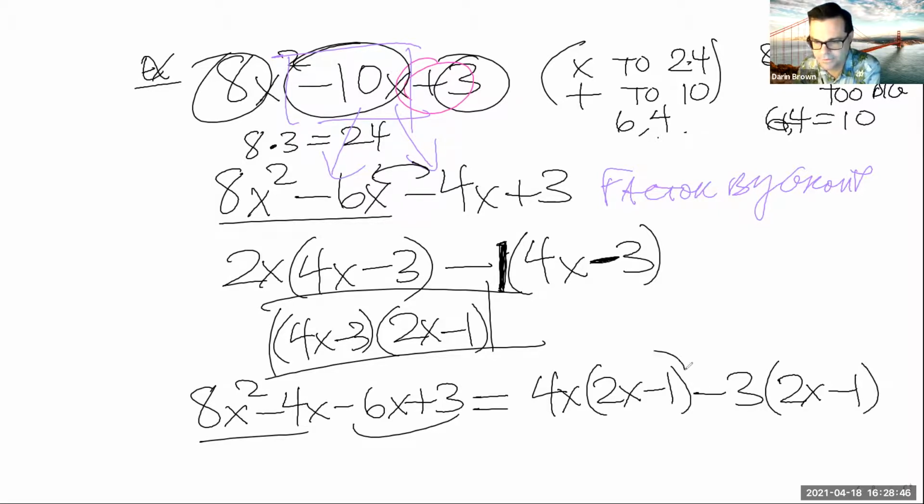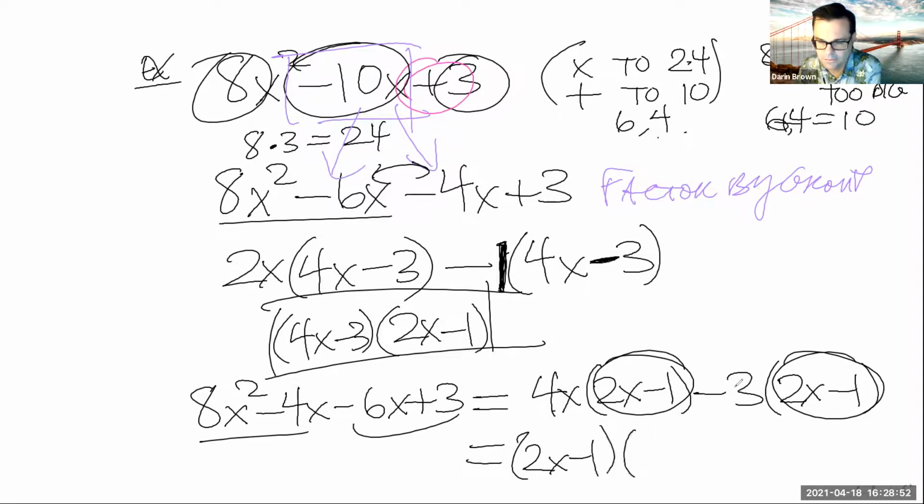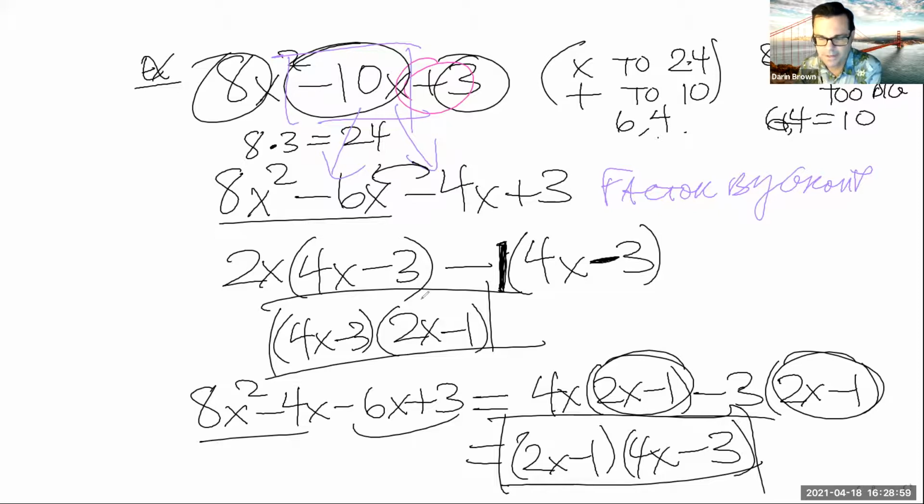So now I have the 2x minus 1 in common. So you see, I just have the other factor in common. 2x minus 1, 4x minus 3. The order of the linear factors doesn't matter. 4x minus 3, 2x minus 1 is the same as 2x minus 1, 4x minus 3, the same way that 5 times 7 is the same as 7 times 5.